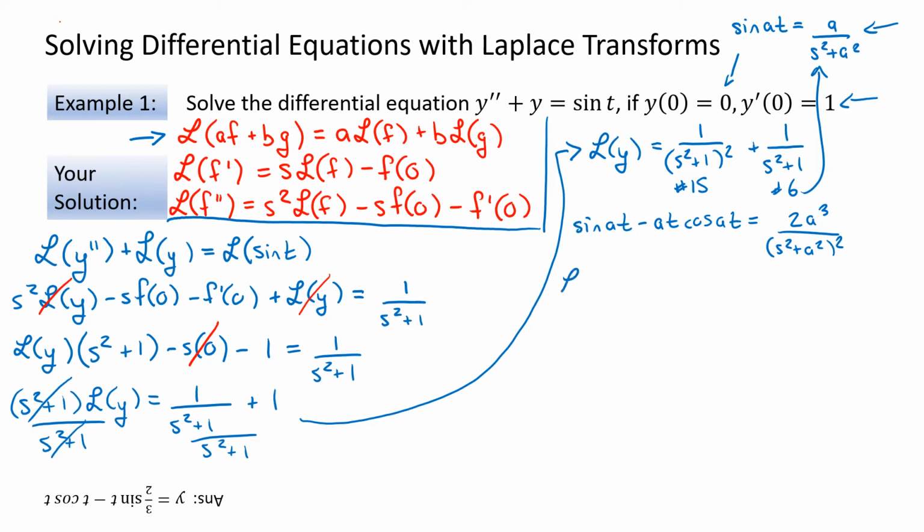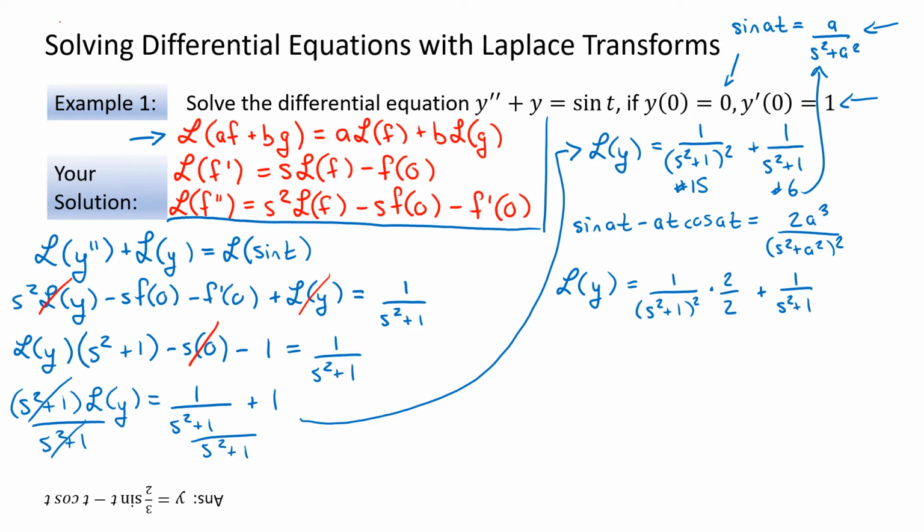So I'm going to rewrite that just so you can understand it. We have 1 divided by s squared plus 1, all squared, and I'm going to multiply it by 2 over 2, which is the same as multiplying it by 1, plus the second term, which stays as 1 divided by s squared plus 1.